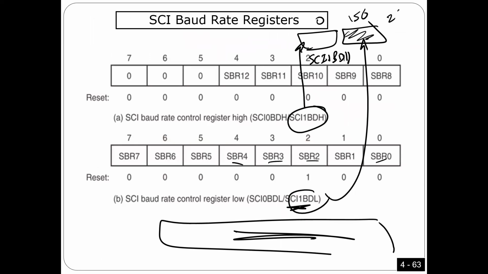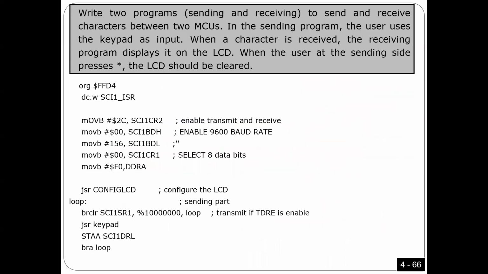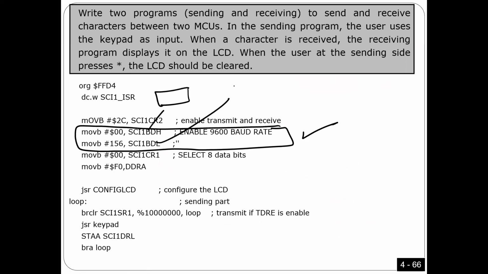This byte can store up to 255. That's what I did here in the first part of this program. So this register is the most significant byte. This is the least significant byte. Here I'm going to write 156. Here I'm going to write 00.